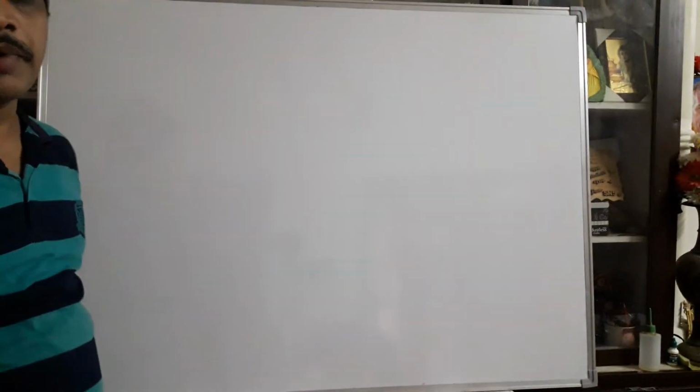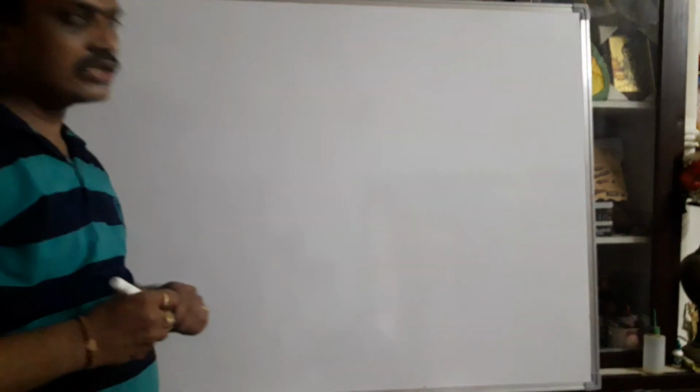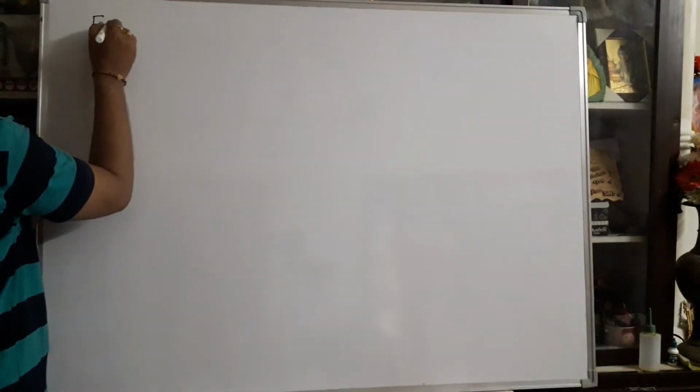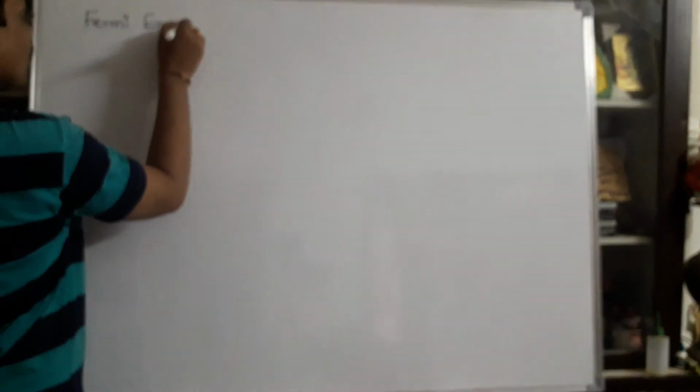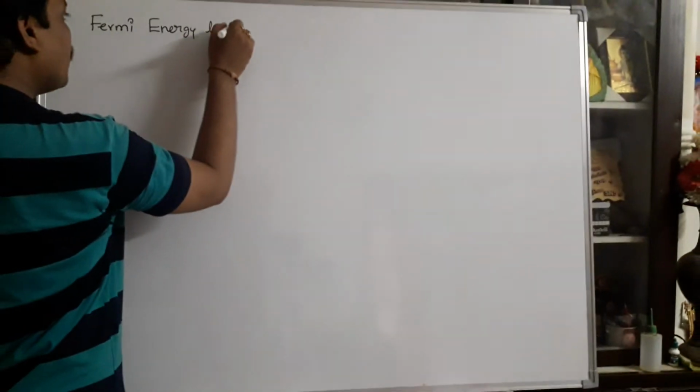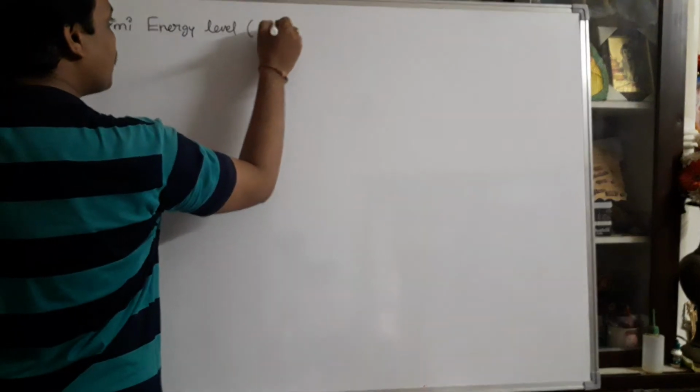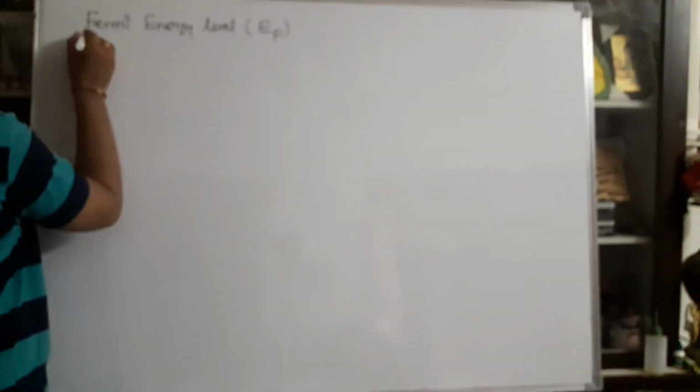The last chapter is semiconductors and semiconducting devices. In that topic, there is one known term, the Fermi energy level, which is indicated by EF.